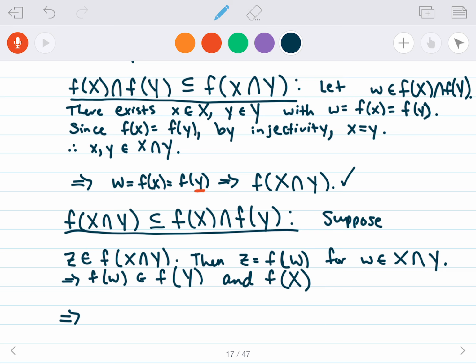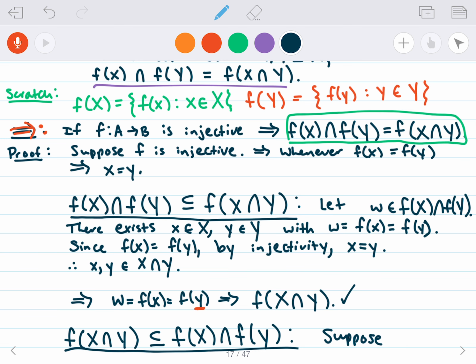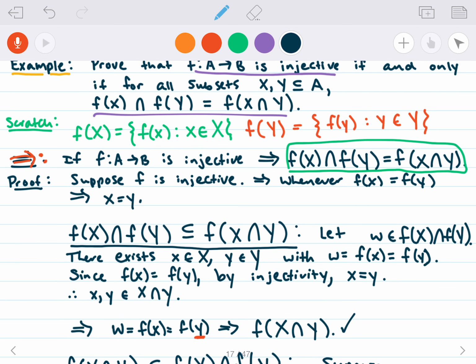If f of little w is in f of capital Y and f of capital X, then it's in the intersection here. And of course it's z, that's what we assumed here. So we've shown both of these containments, and so we've shown the forward direction.